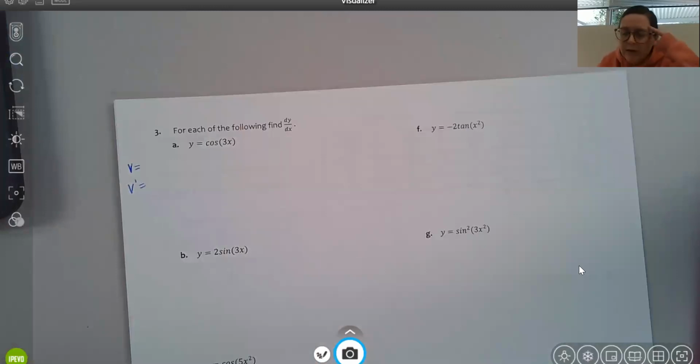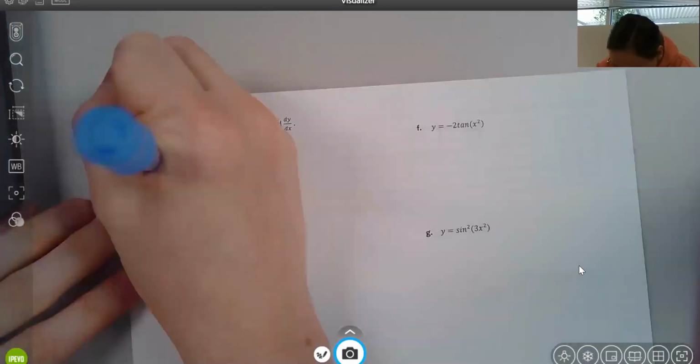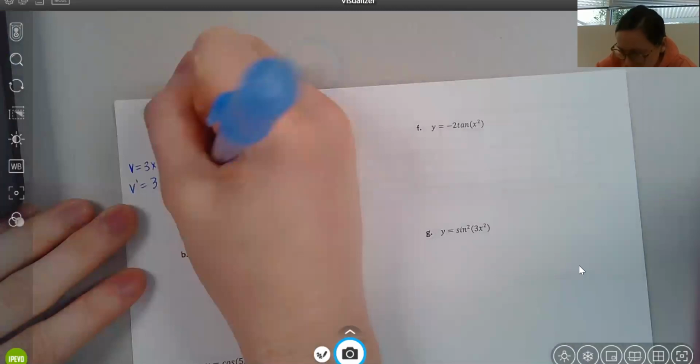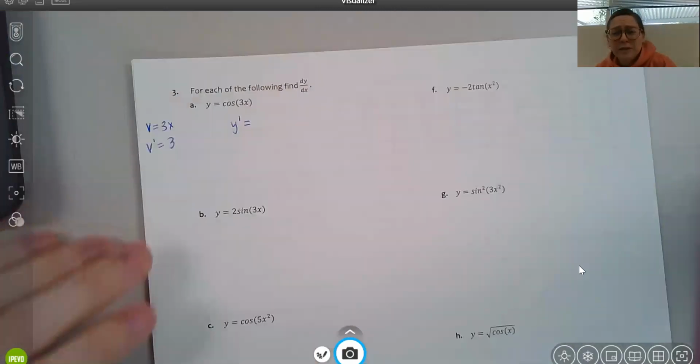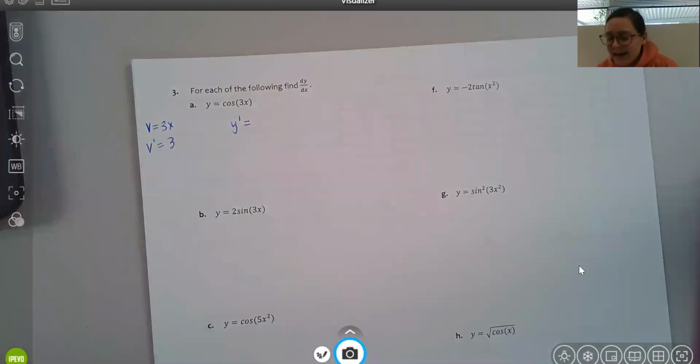Here, think about what's my outside, what's my inside for letter A. Hopefully you said the inside was 3x, and therefore derivative of 3x is just 3. So now use your chain rule, derivative of the outside, leave the inside alone, times derivative of the inside to get y prime for A.